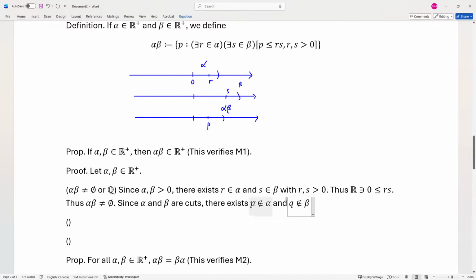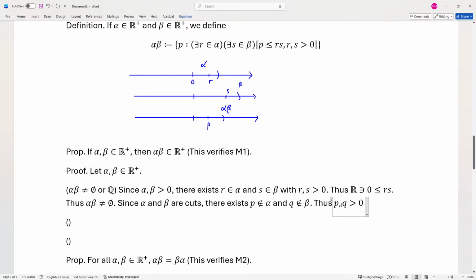And they both have to be positive, obviously, because alpha and beta are positive cuts. Thus, P and Q are both positive, and the product of P and Q is not in the set alpha times beta, because P is greater than everything in alpha, and Q is greater than everything in beta.